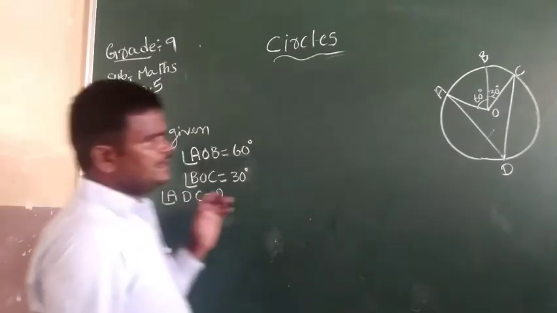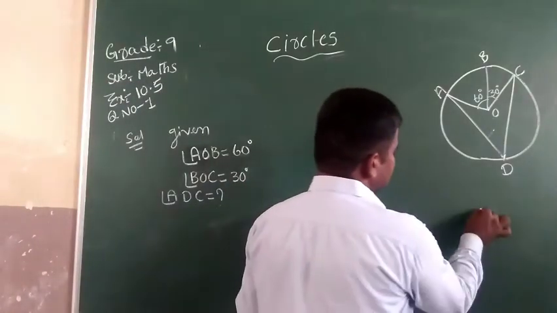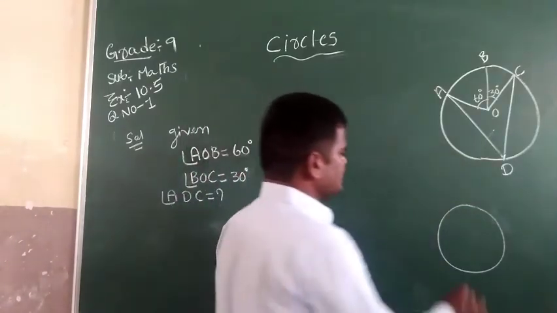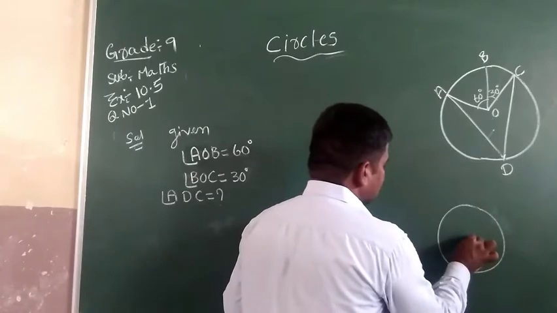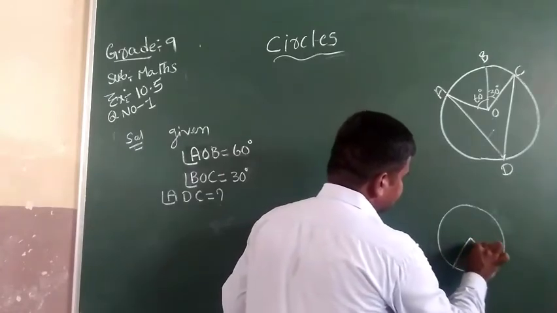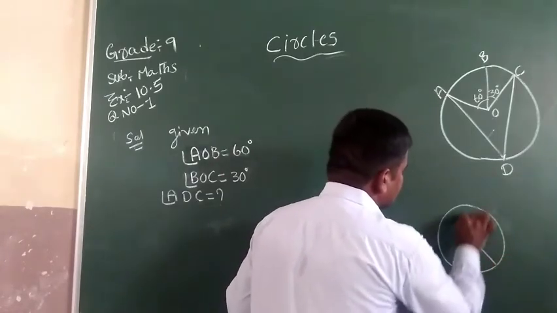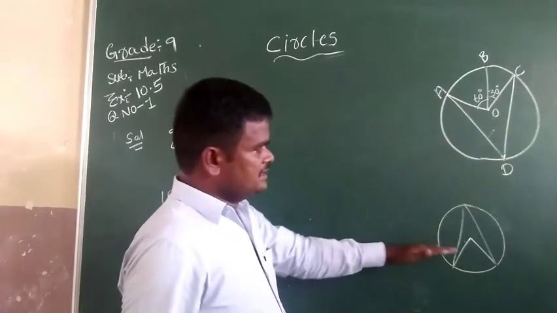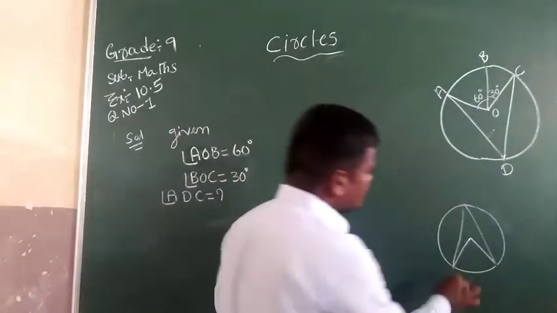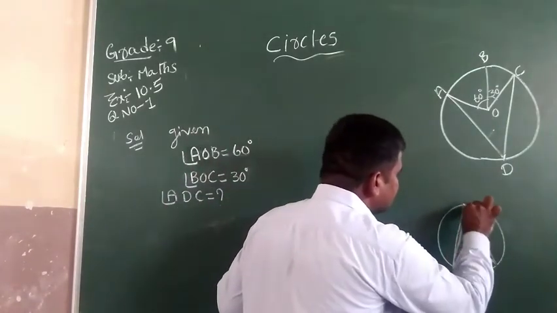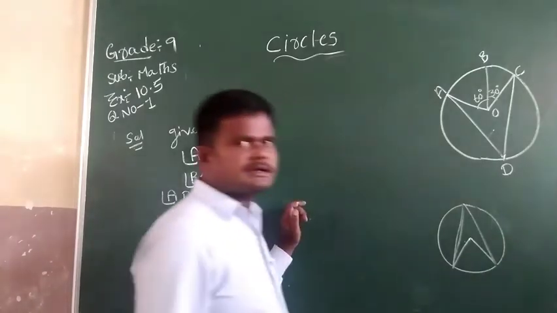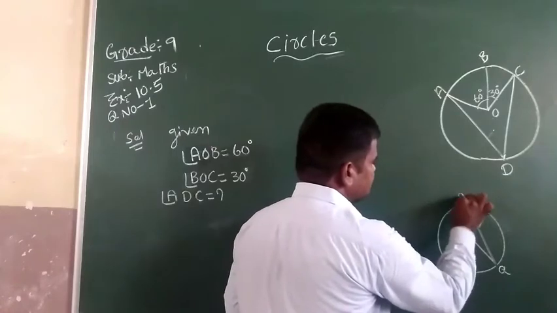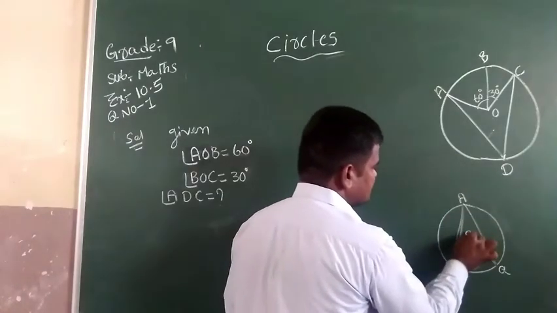So come to here. Theorem 10.8 says that the angle subtended by the arc at the center is equal to double the subtended angle at any point on the remaining part of the circle. This is the arc PQ, this is the point A, this is the center of the circle.